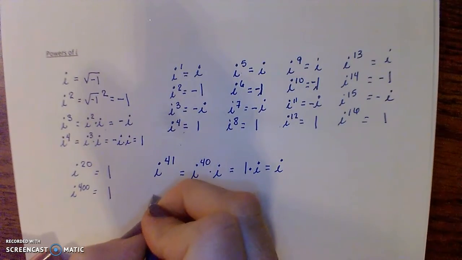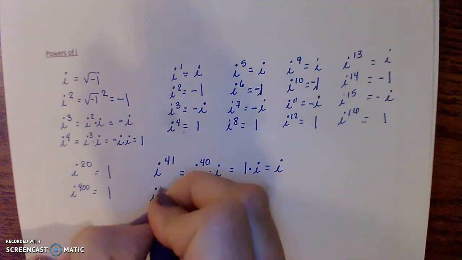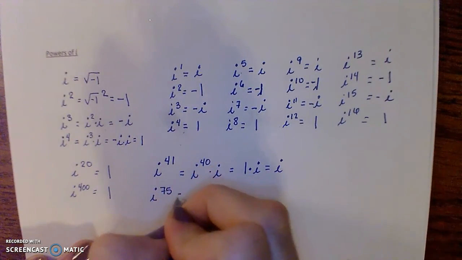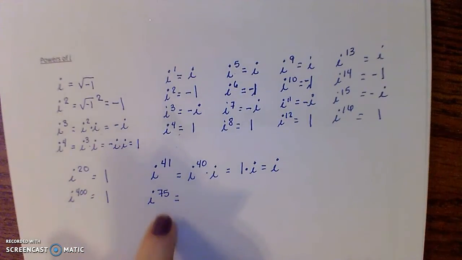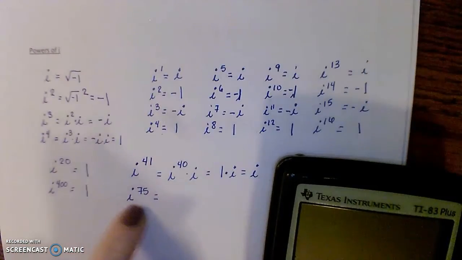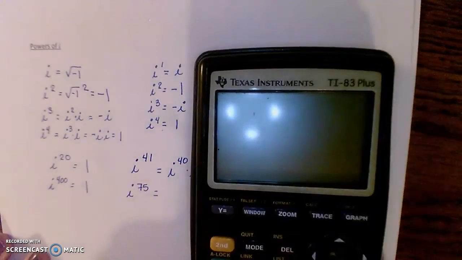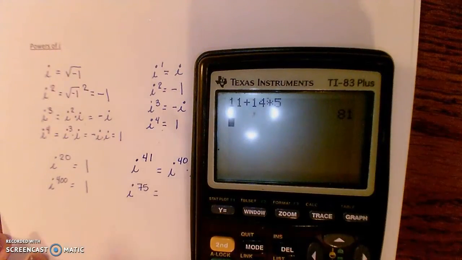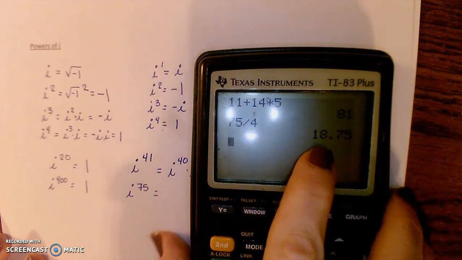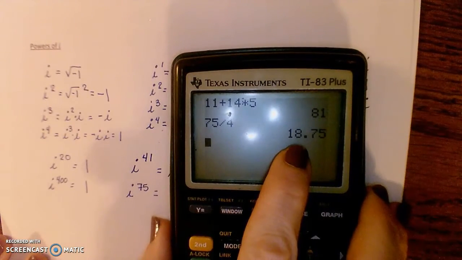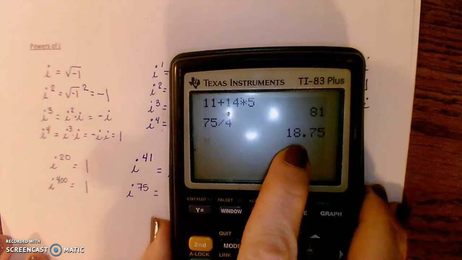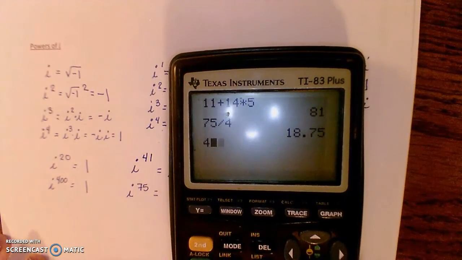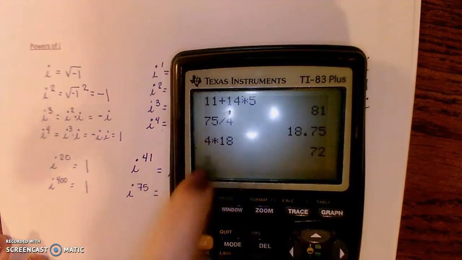So if you have any number, say i to the 75th power, think about, can 4 go into 75? You can do this on your calculator, right? 75 divided by 4. It doesn't, but the whole number part is 18, right? 4 times 18 is 72.